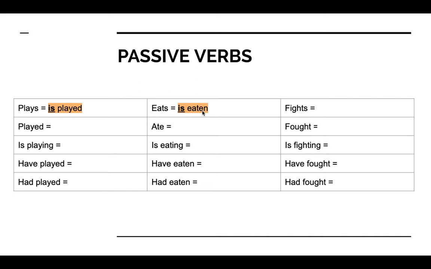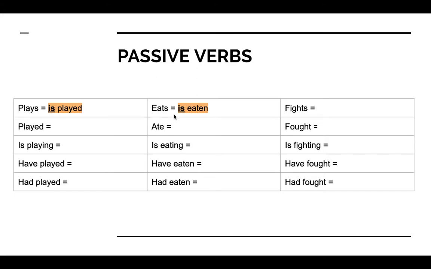And you can do that in your head with a lot of verbs, you know. Play, played, played. Run, ran, run. Eat, ate, eaten. But it's the third one. It's the verb to be, the is, am, are, was, were, that tells us what tense it is.